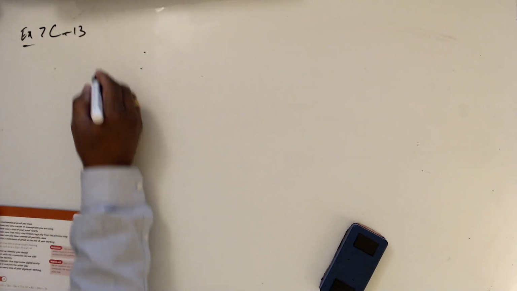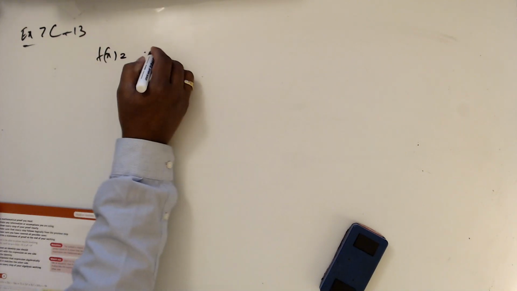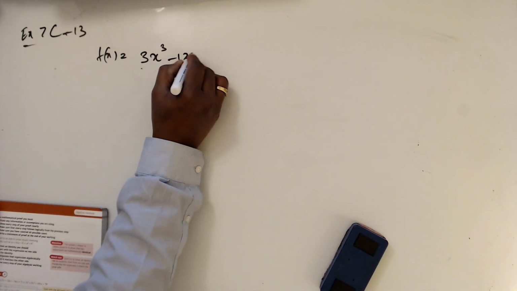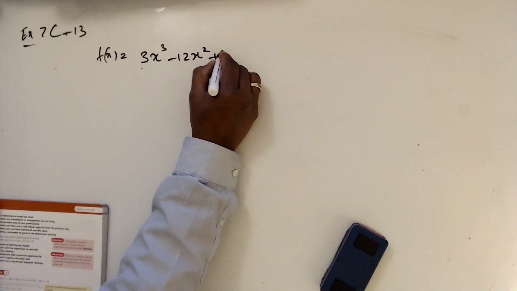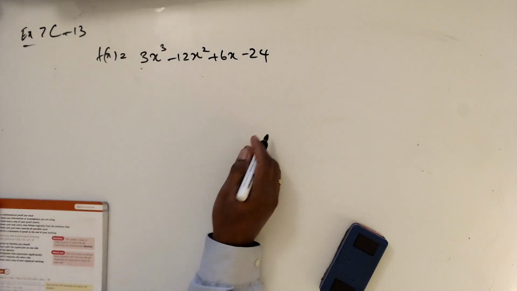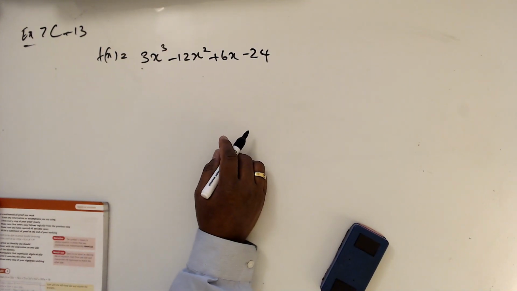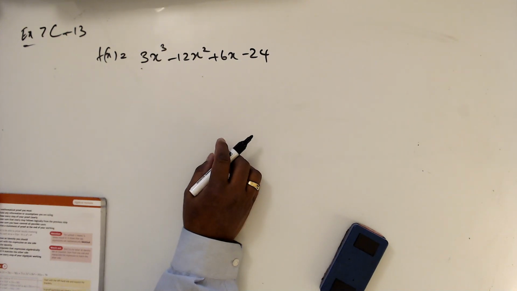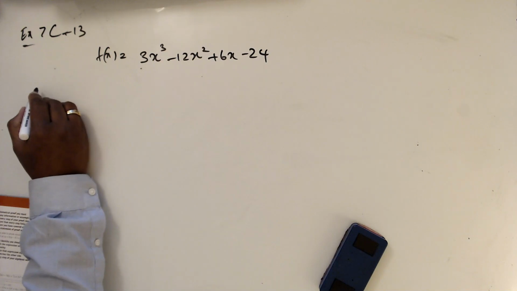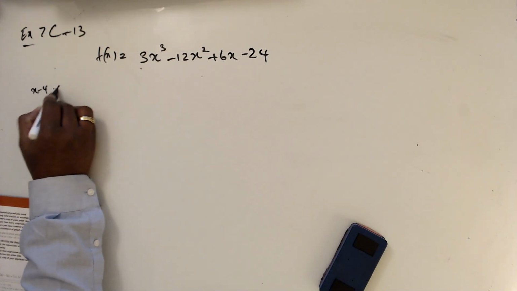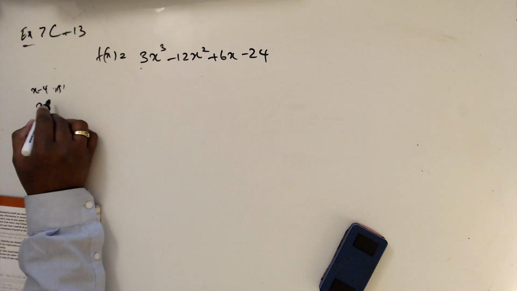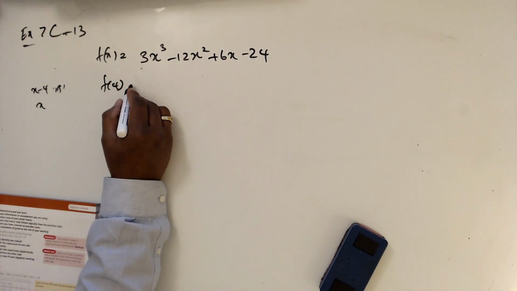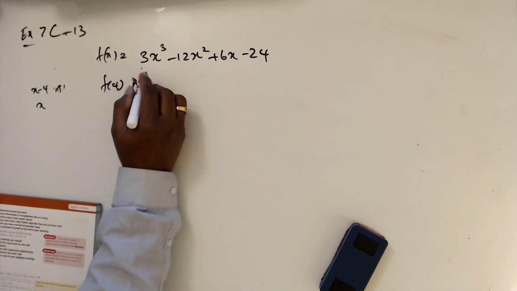Question number 13. f(x) equal 3x cubed minus 12x squared plus 6x minus 24. Use the factor theorem to show that x minus 4 is a factor of f(x). So if x minus 4 is a factor, then f(4) has to be equal to 0.